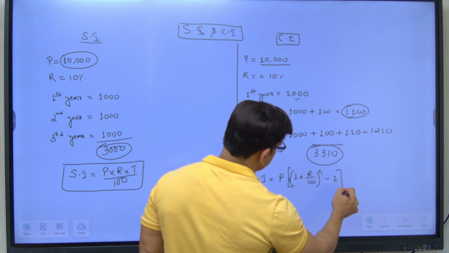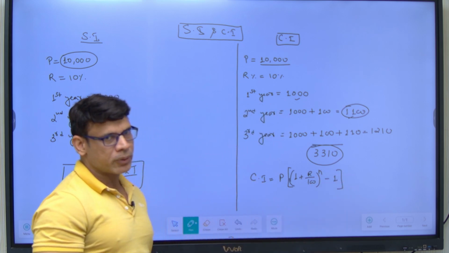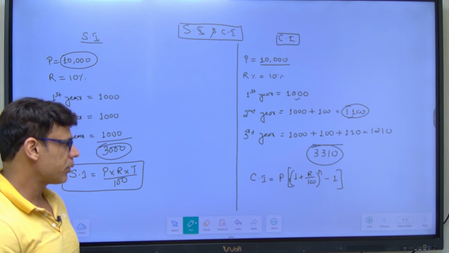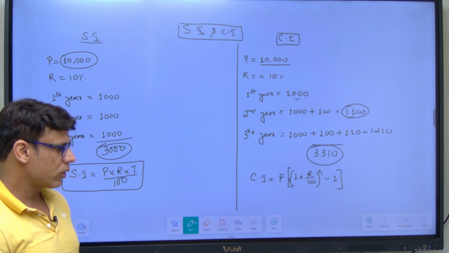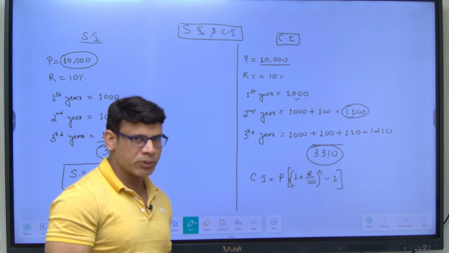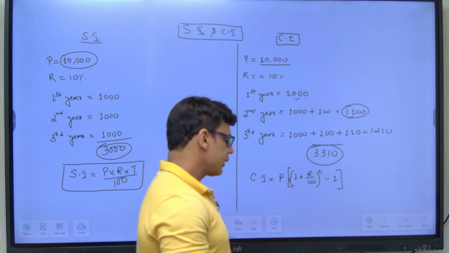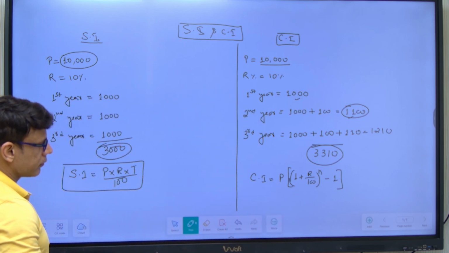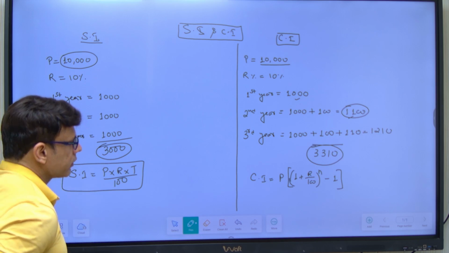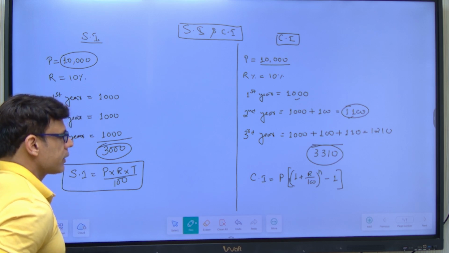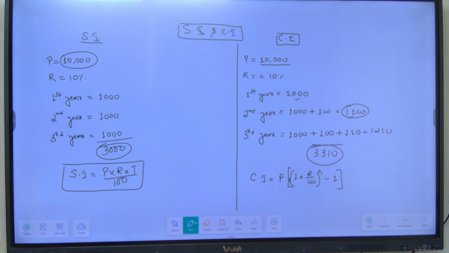This is how you find the compound interest using this formula. You can also use the multiplying factor which you have in profit and loss to get the answers for compound interest questions. Now pause the video and you can take a note of it.